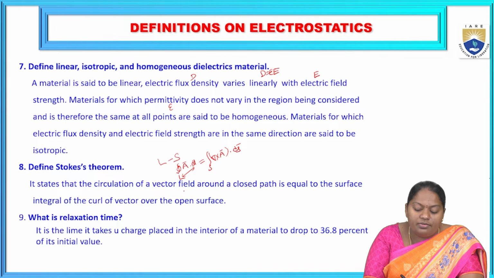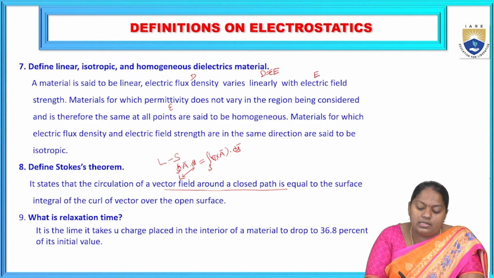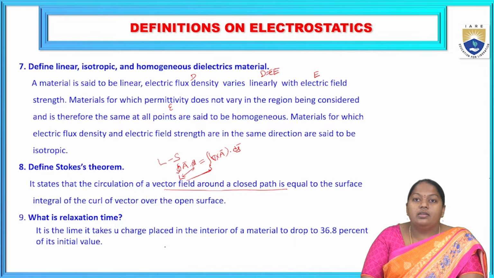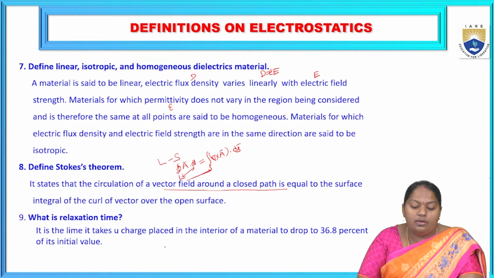So the circulation of a vector field around a closed path is equal to the surface integral of the curl of the vector over the open surface. Hence the theorem which gives the line to surface integral relationship is Stokes theorem. Whereas the divergence theorem gives the surface to volume integral relationship.